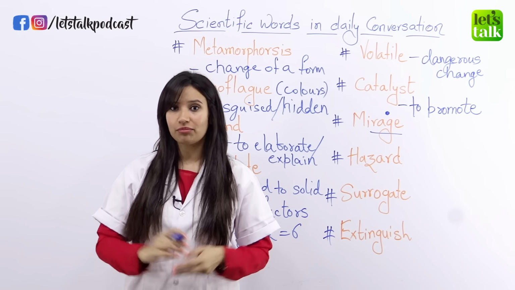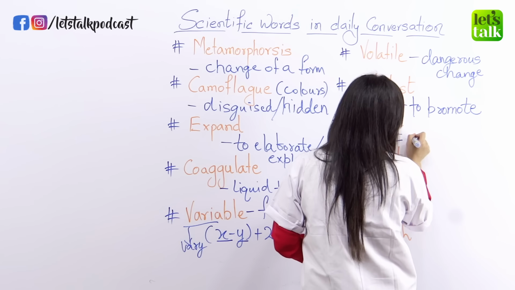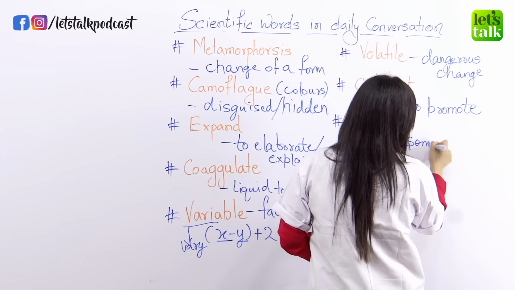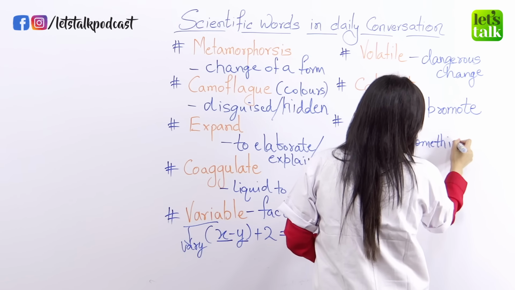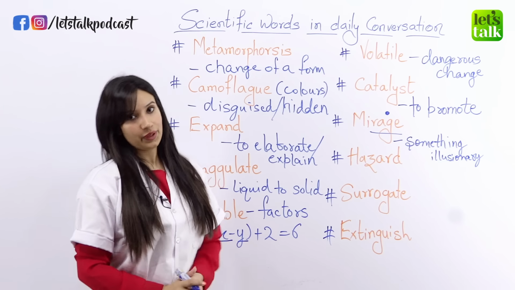So you could say that my plans of establishing my own company were initially a mirage, but now they are a reality, which means that initially I thought it was impossible, but now it has happened. So mirage is something illusionary, something which appears to be there, but is not there in reality.